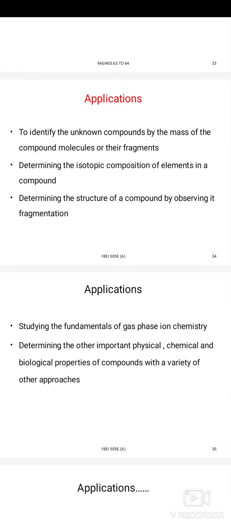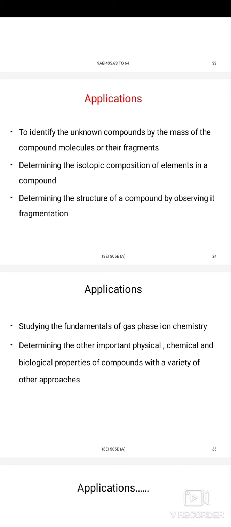You can see the applications of the mass spectrometer. Identifying unknown components by the mass of the components, molecules or their fragments. Determining the isotopic composition of the elements in a component.